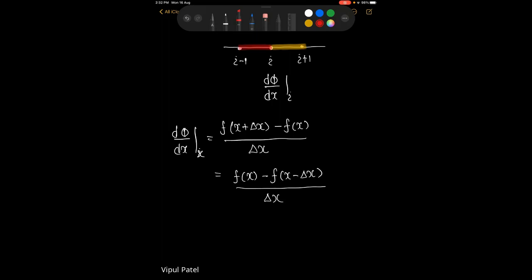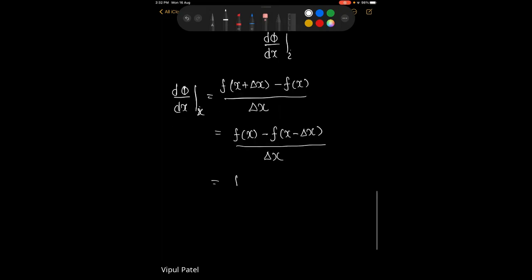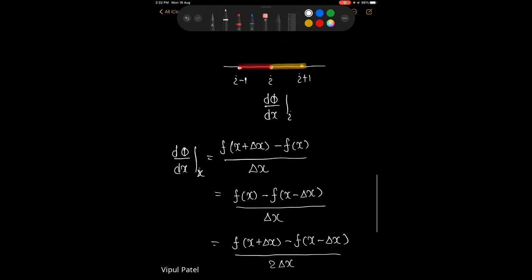And if I rewrite the third formulation which I just derived, that was f of x plus delta x minus f of x minus delta x divided by 2 delta x. That means I am referring to these nodes, that is I plus 1 and I minus 1.